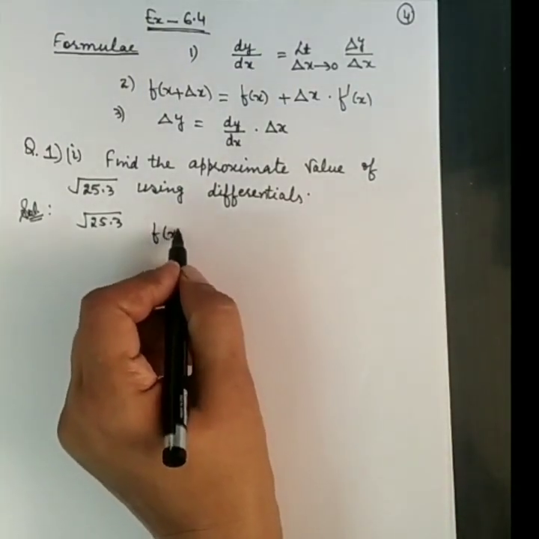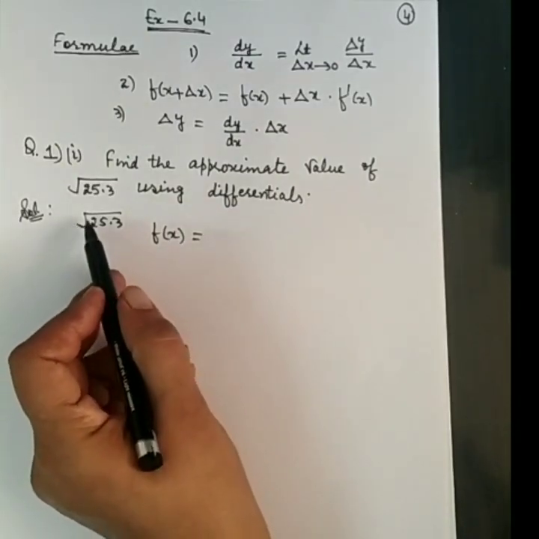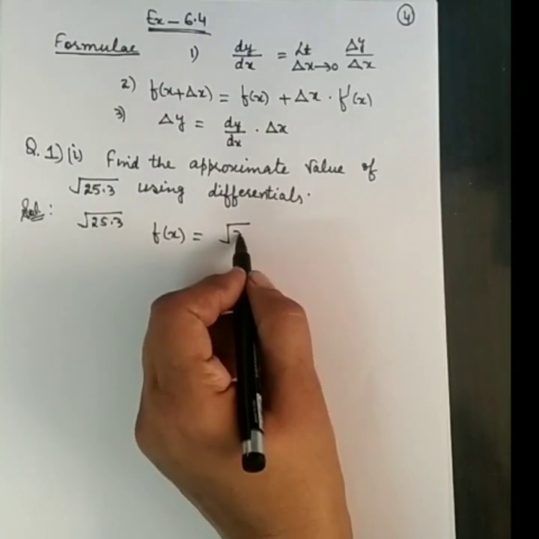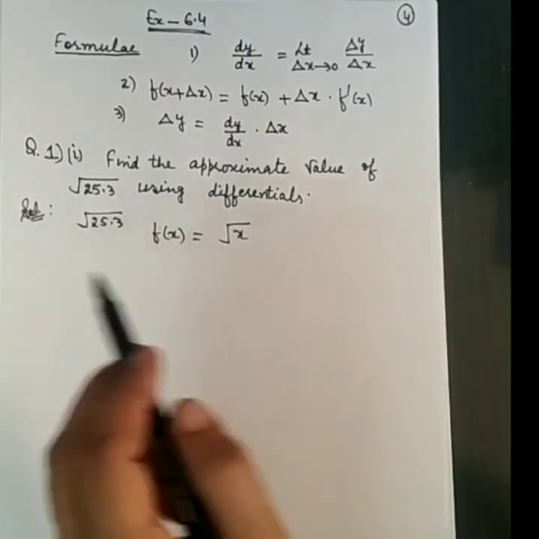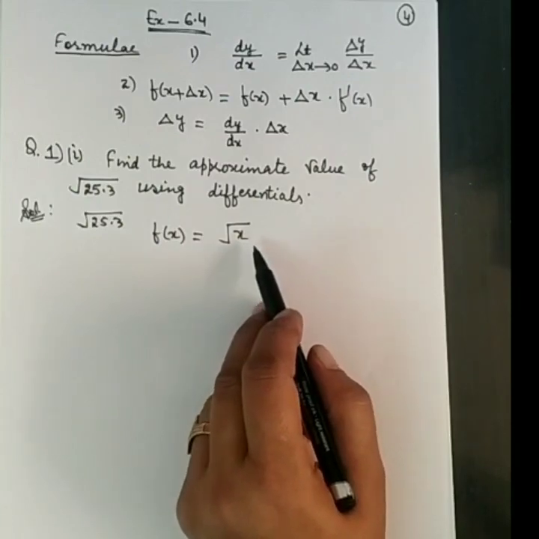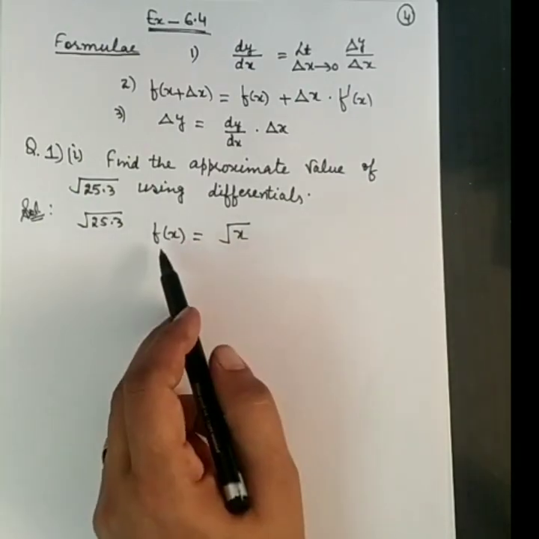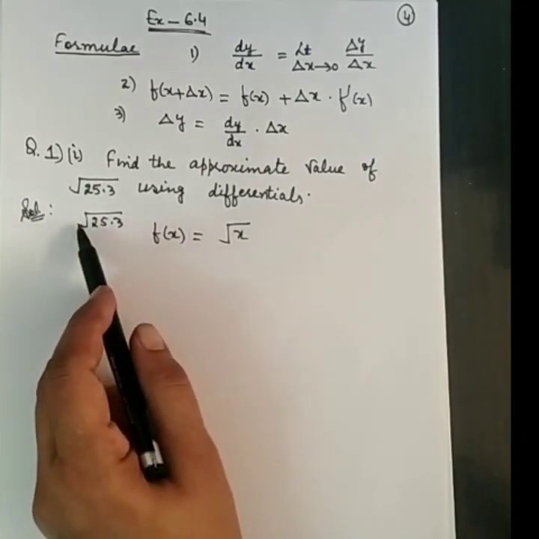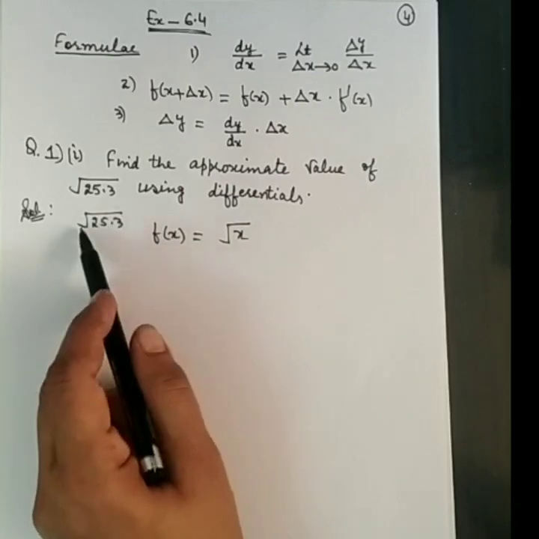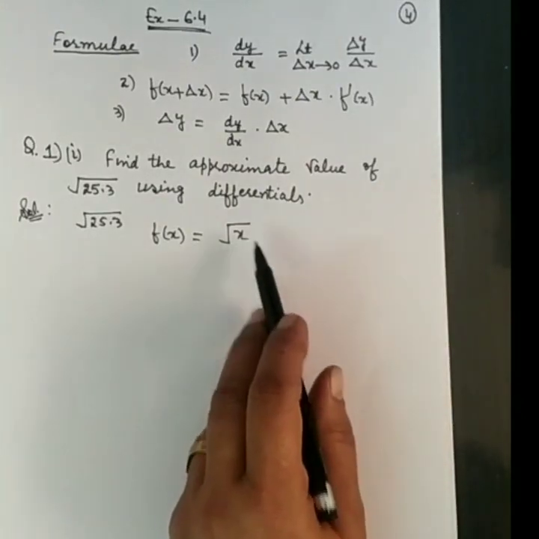From the given expression, see which type of root is there, that is square root. So we will take the function as under root x. Consider the function, this is square root, so the function will also be square root of x.